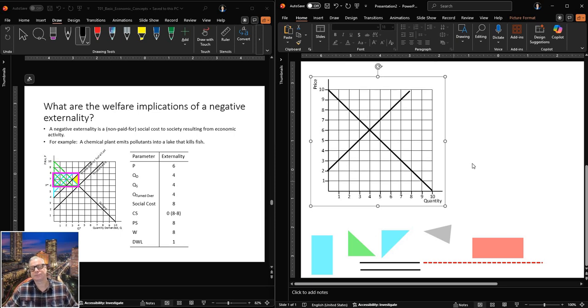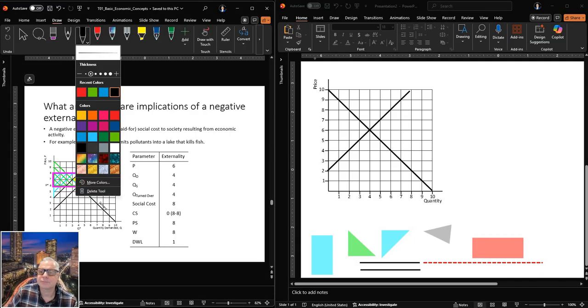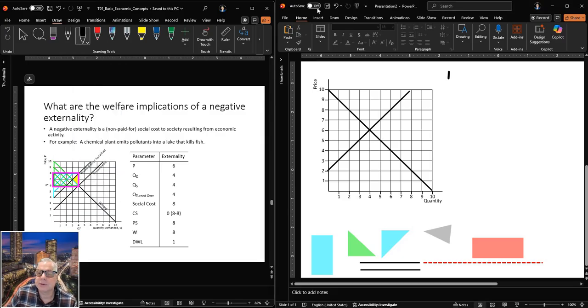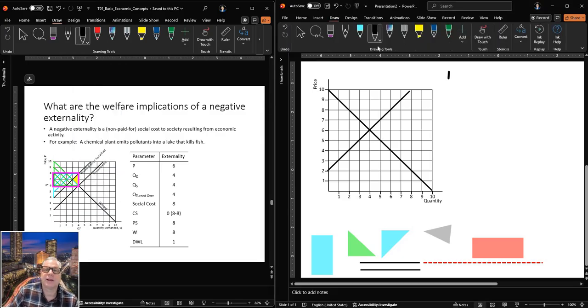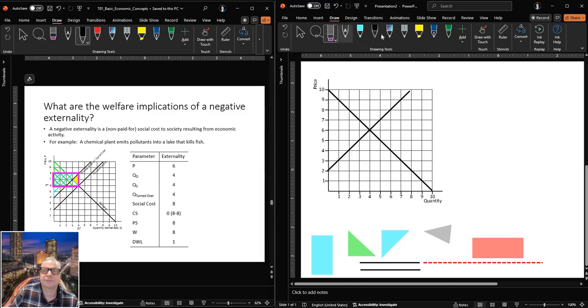Okay, so now we have the case of a negative externality. So what is a negative externality?